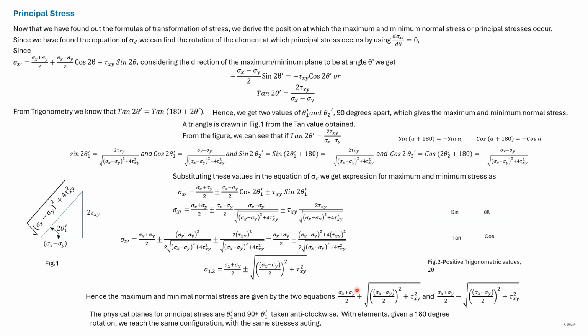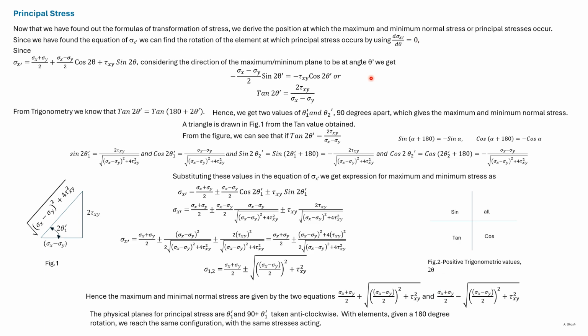Then this term of maximum normal stress will be positive and this term will be negative. Consider the case where both the maximum and minimum normal stress are negative. Then the maximum normal stress will have a smaller negative value, while the minimum normal stress will have a larger negative value. So we can say algebraically that maximum normal stress will always be greater than the minimum normal stress.